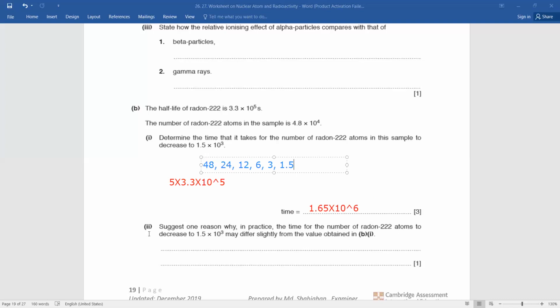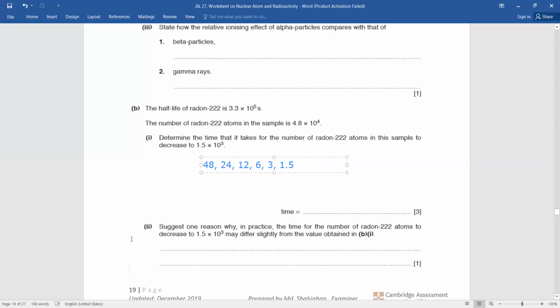Continue with the last part. Anyone can read, no problem.